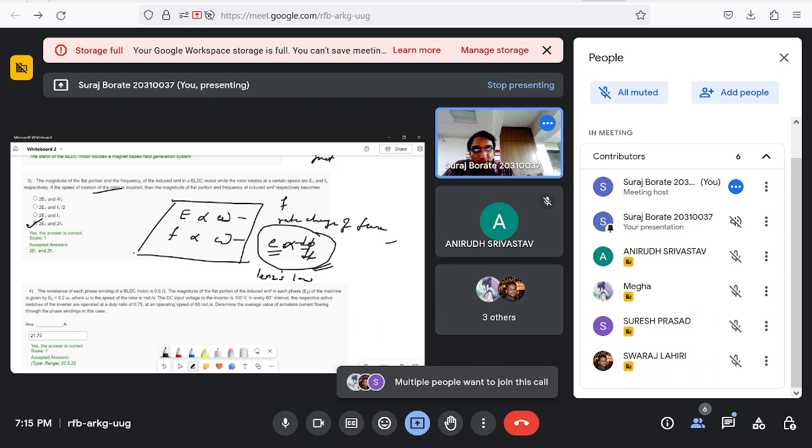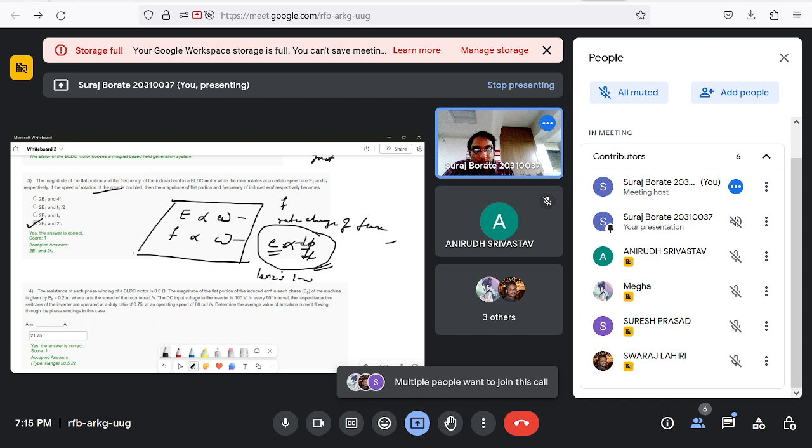If you see this fourth question, let's try to solve this. What all things have been given? RA is given as 0.6 ohm. EB is given as 0.2, and here also EB is directly proportional to omega. The DC voltage to the inverter is given as 100 volt, so the input voltage is 100 volt.